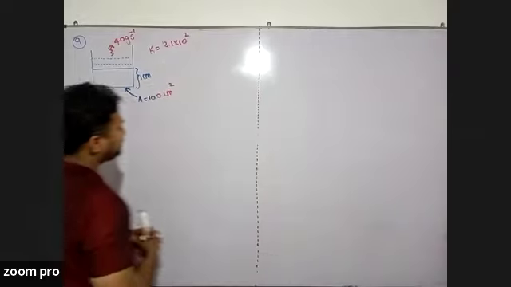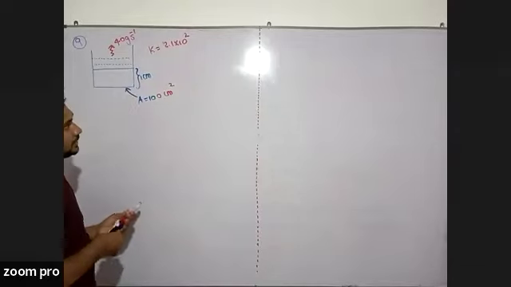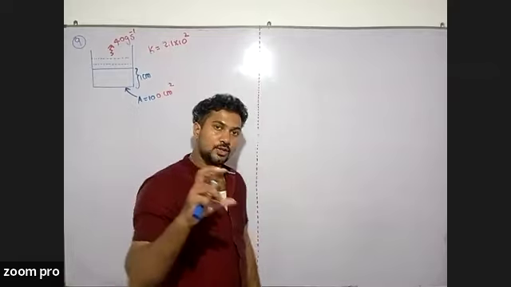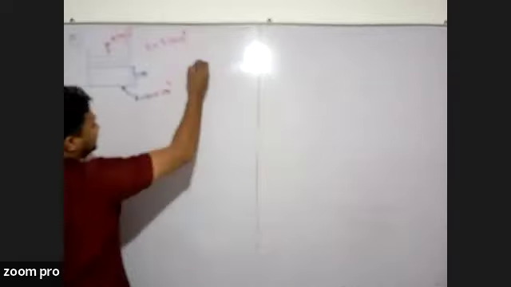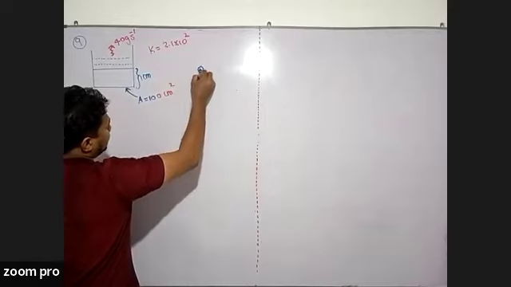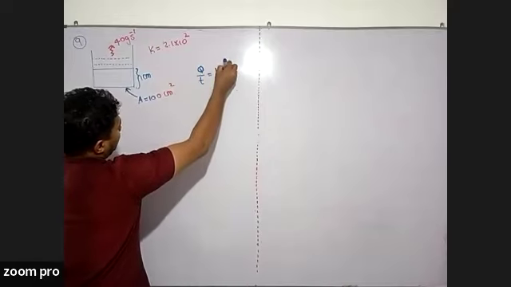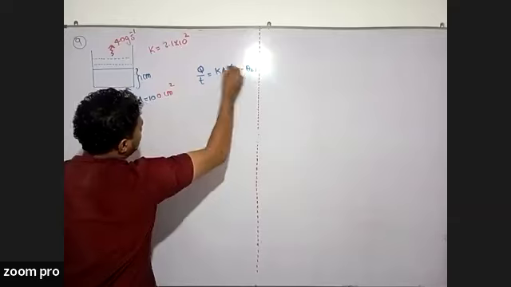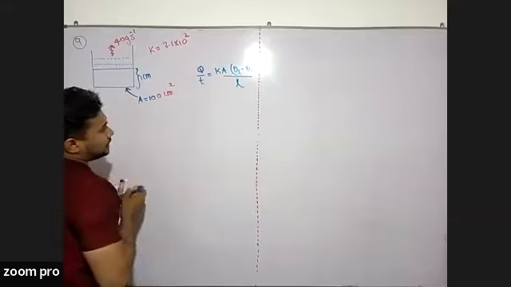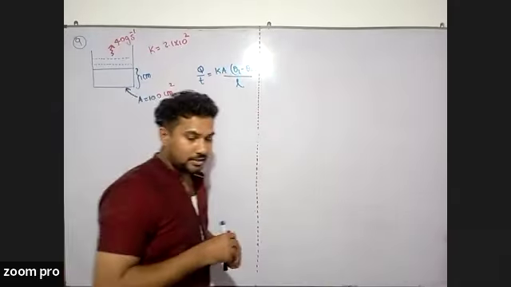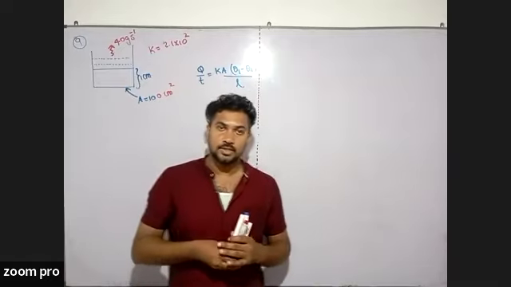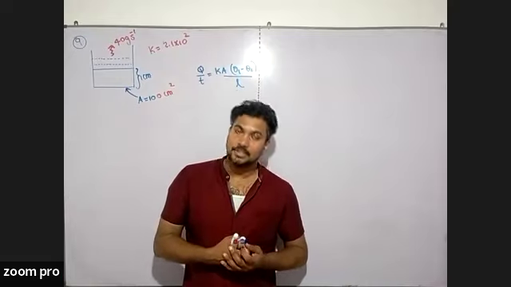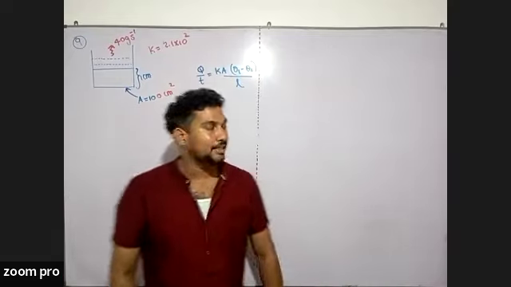So as you know, what is the equation which gives a value for the rate of heat flow through a solid material? This is the equation: Q over t equals k A (theta 1 minus theta 2) over L. So guys, this is the equation which is used to obtain the rate of heat flow through a conducting material in a steady state, right?